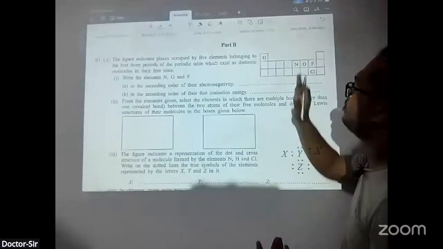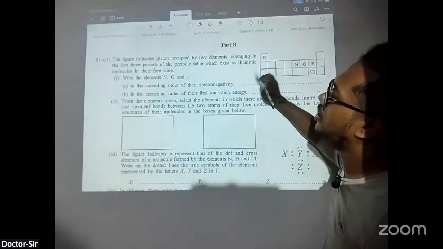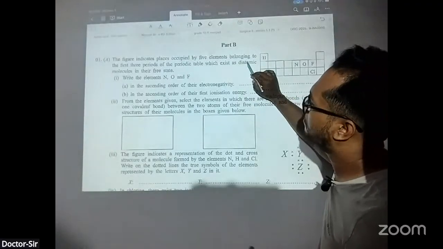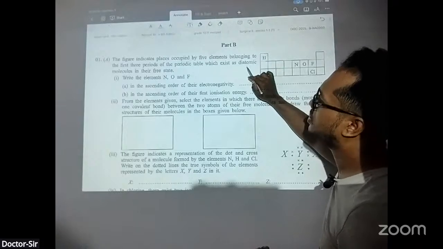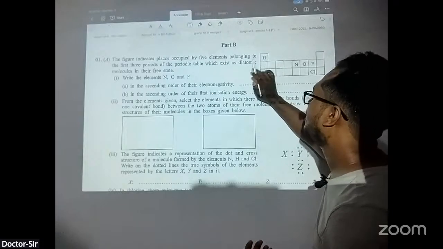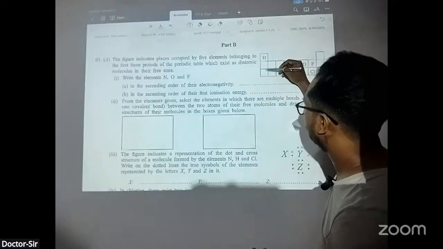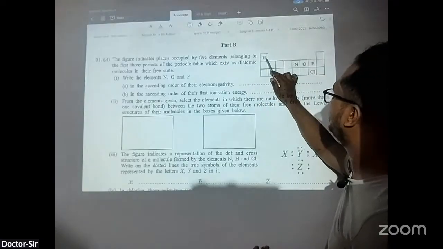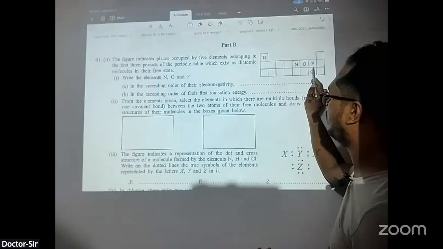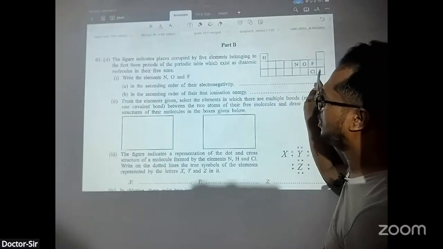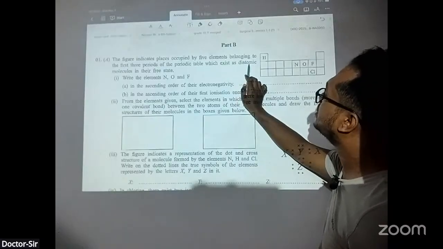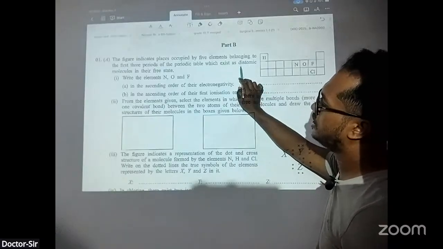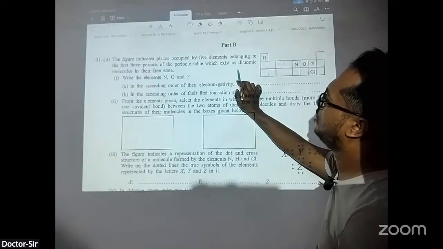Right now, the structured part has a question. The figure indicates the places occupied by five elements belonging to the first three periods of the periodic table. Hydrogen, nitrogen, oxygen, fluorine, and chlorine are there. Now they ask which exist as diatomic molecules in their free state.